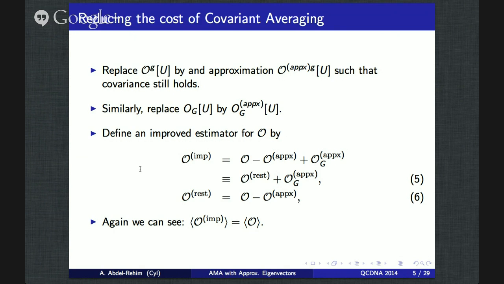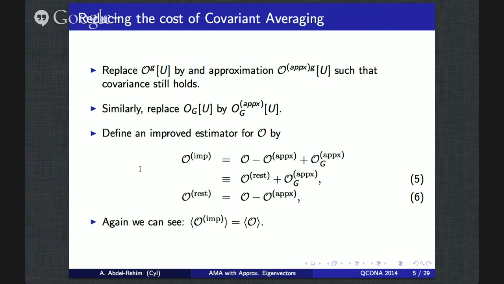The point is that the expectation value of this improved operator, or correlation function, is the same as the expectation value of your original correlation function O, when the expectation value of this O approximate is the same as this O sub G. So basically, you subtract something and you add something, and you hope that these expectation values are equal, so they cancel and you end up with the same expectation value of your original correlation function.